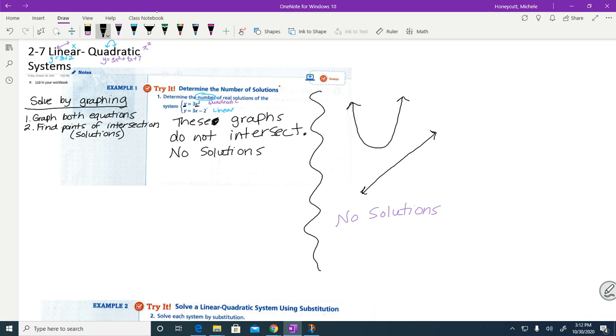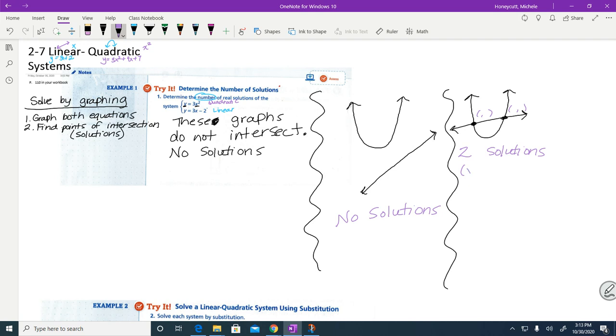The other thing that could happen, if I were to have a parabola again, and the line were to cross through it 2 times, that would be 2 solutions because there's a point here and a point there. I would have coordinates for each point, an x and a y for each point. So I would have an x1 and a y1 solution, and then a second x and a second y.